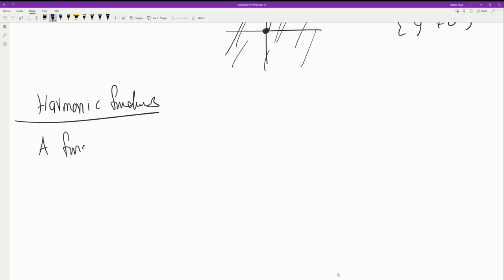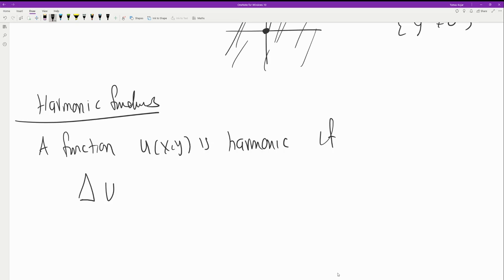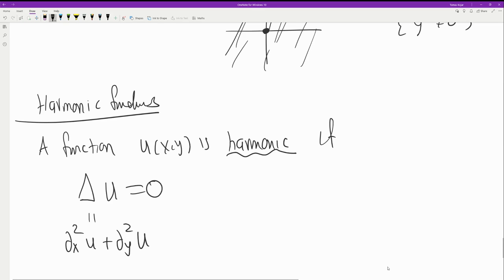A function u of xy is harmonic if the Laplacian is equal to 0. And what's the Laplacian? This is the second derivative of u in x plus the second derivative in y. Okay, so that's the definition of harmonic.